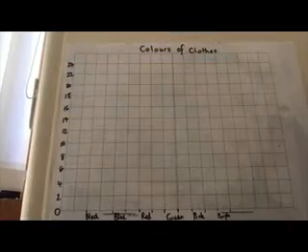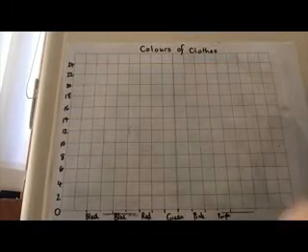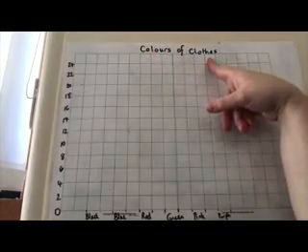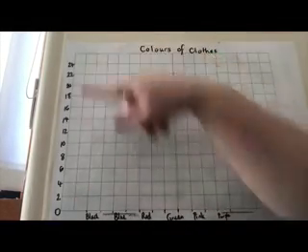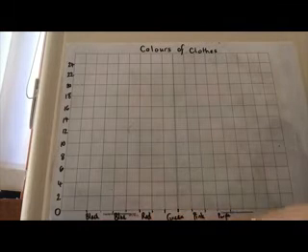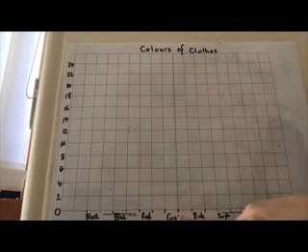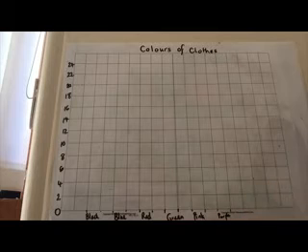Okay, I'm going to give you an example of a bar chart. So I have my title at the top, colours of clothes, I have numbers up the y-axis, and I have my groupings along the x-axis. So in this case, black, blue, red, green, pink, and purple.